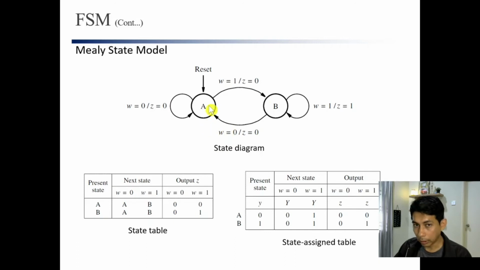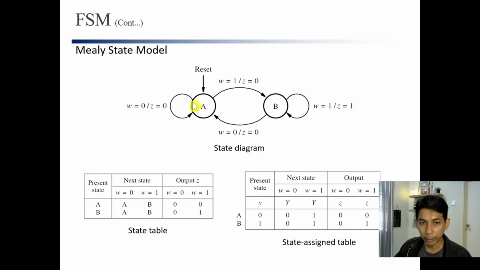So now what is the difference between the two? We know that the first difference is that for Moore, the output is inside the state. For Mealy, the output is between the state transitions.